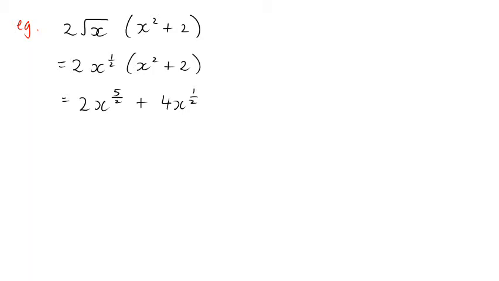Right, so now we need to do the derivative, so d/dx. Take the 5 halves down, multiply it by 2. What do you get? 5 halves times by 2, you get 10 halves, which is 5.